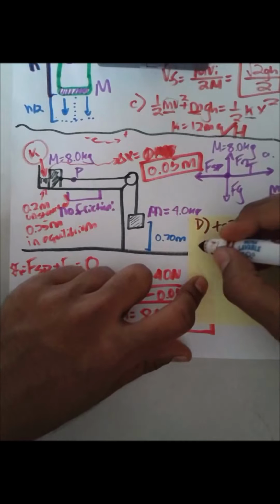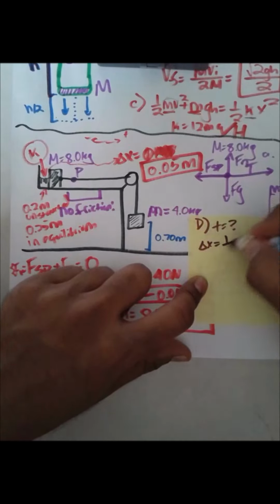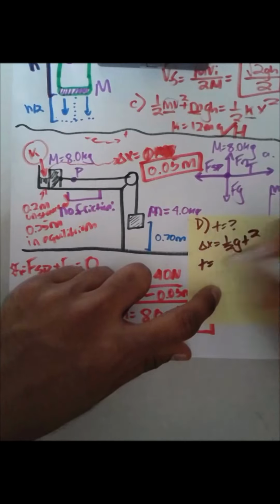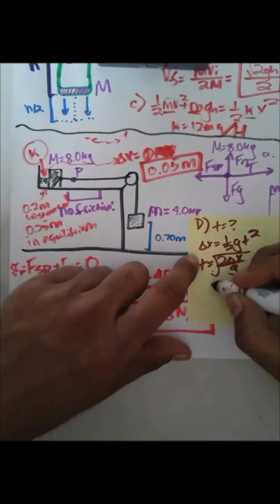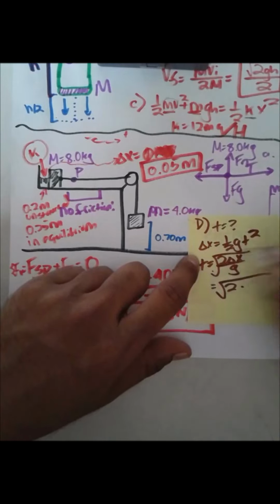So what we got here? We got delta x is equal to 1/2 g t squared. It starts from rest, it falls a distance, boom, let's find t. So t is equal to the square root of 2 times delta x divided by g. Square root of 2 times delta x, which is 0.7 meters, divided by 9.8.